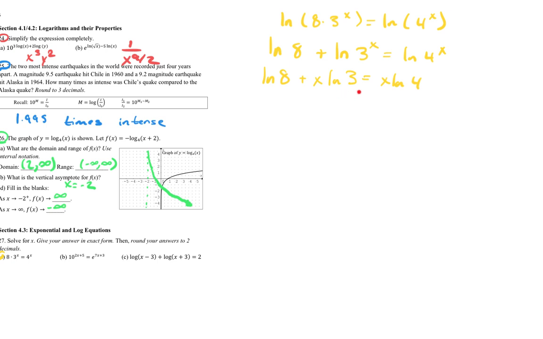So natural log of 3 and 4 are really just some numbers. So let's move this x over here so we can get all our x's on the same side. And then both of these have an x in common, so we can factor that out.